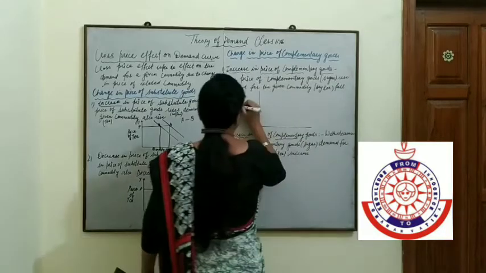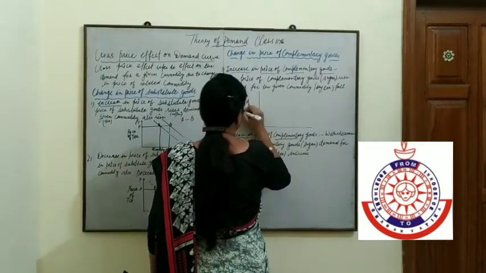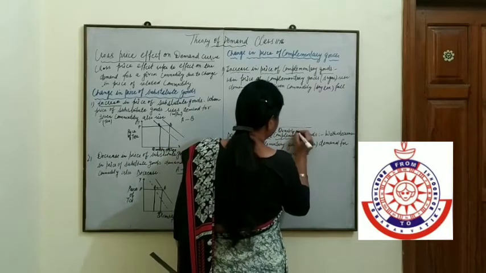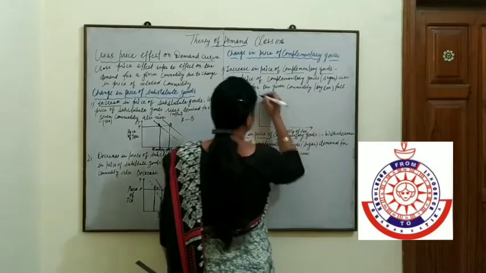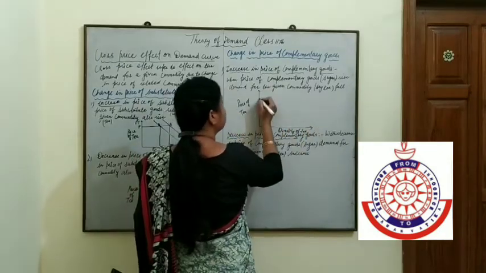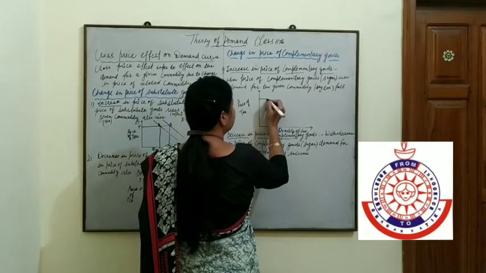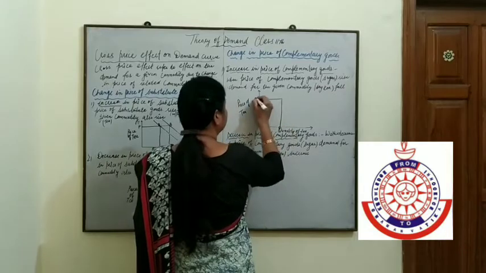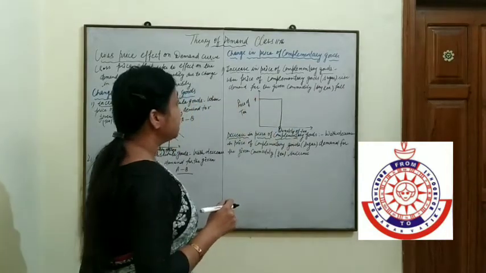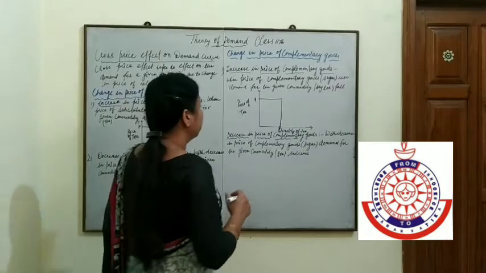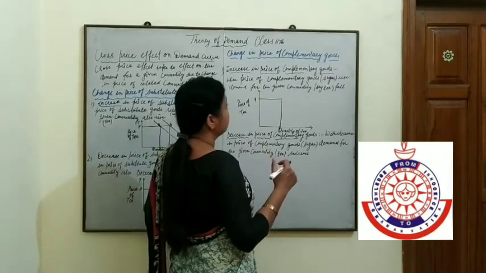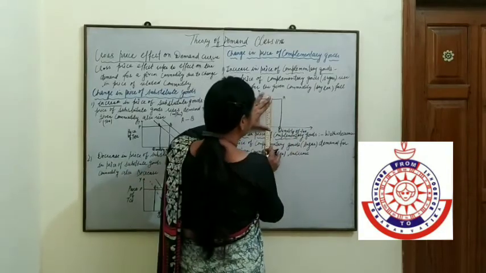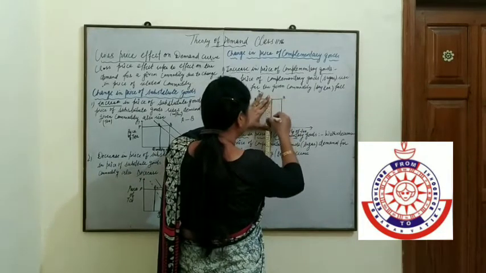Here the price of tea, and here the quantity of tea. On the OY and OX axes, this is the price and this is our quantity demanded of tea. Now, if the price of complementary goods rises, then we are demanding less of the given good because the demand for both goods is together.